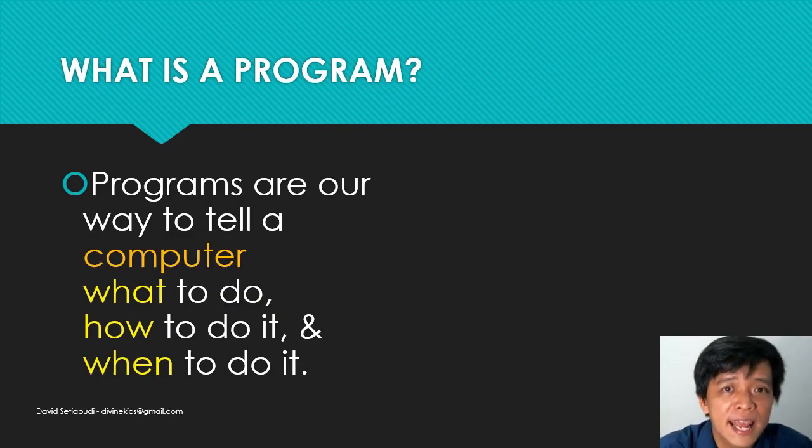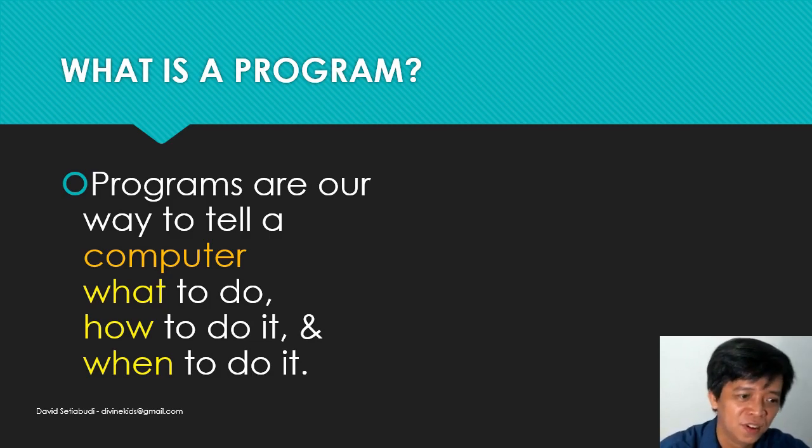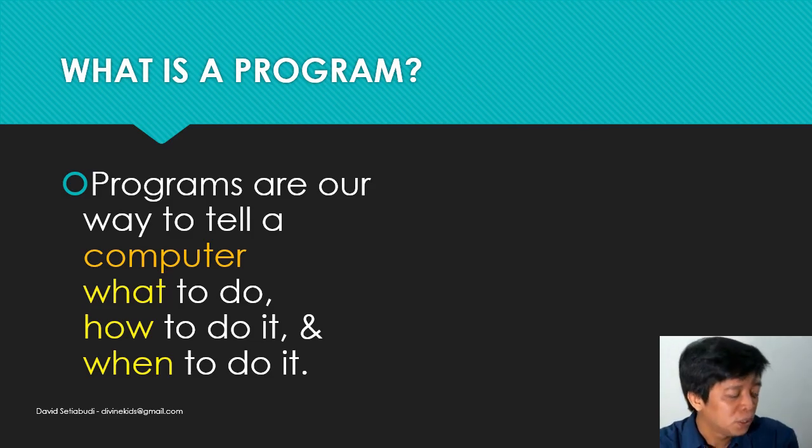Now, what is a program? Programs are our way to tell a computer what to do. Hey, computer, do this. How to do it? Okay, computer, you go through this way, that way, and then you find this way out. So you need to tell the computer how to do it and when to do it.